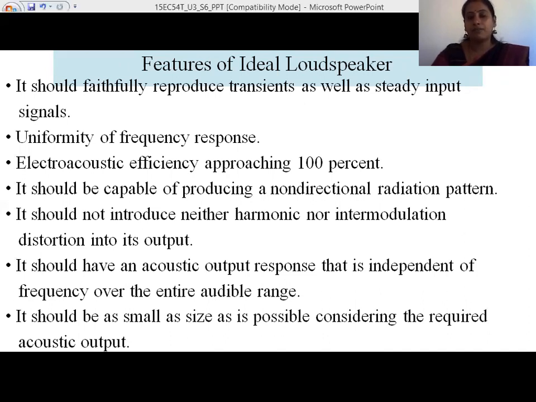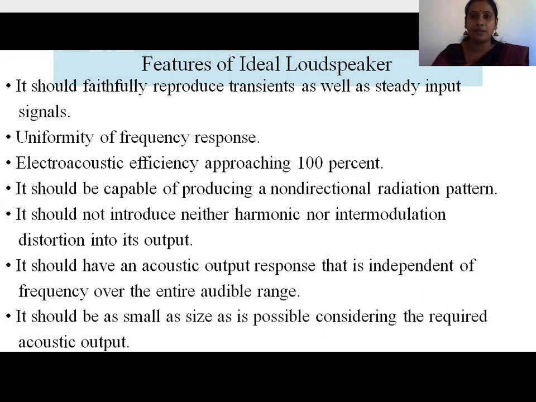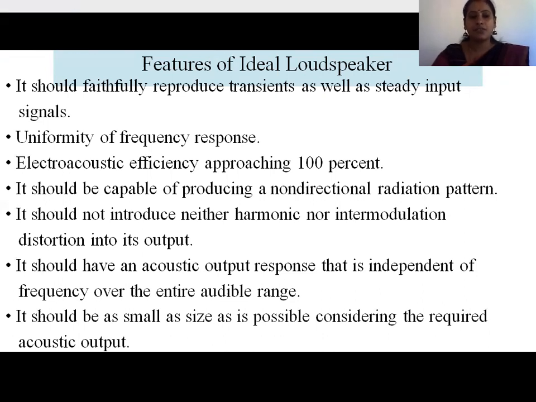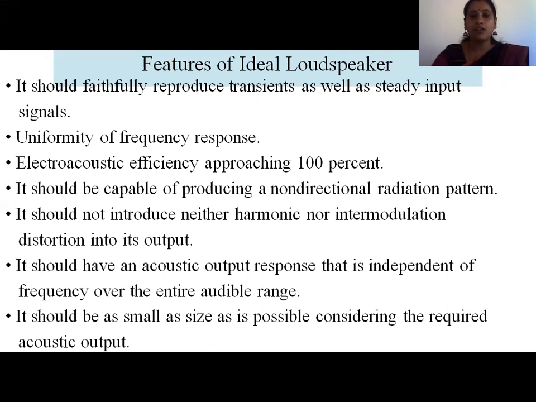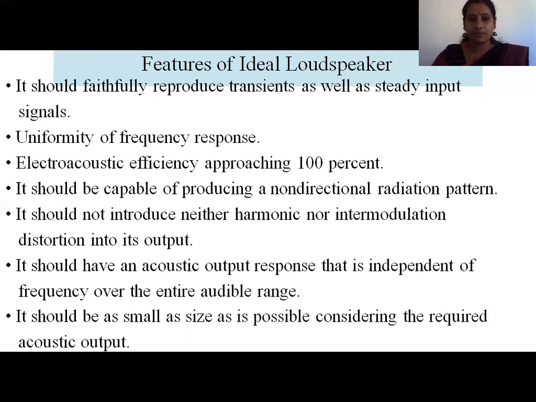And the fifth point is that it should introduce neither harmonic nor intermodulation distortion into its output. It should not produce any kind of distortion, no harmonic waves should come, otherwise clarity will be lost. The next feature is that it should have an acoustic output response that is independent of frequency over the entire audible range.